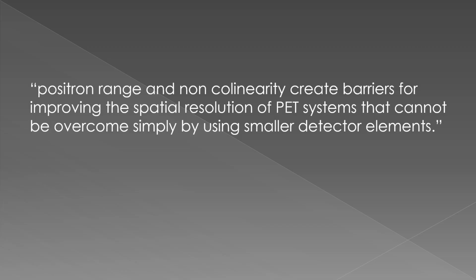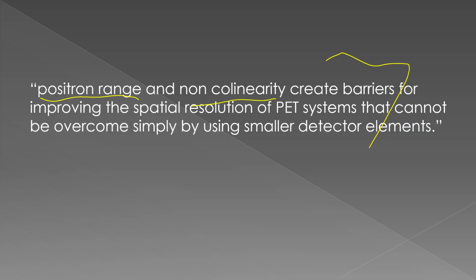And it's going to have limitations based on our technology. But there's physics that we have to overcome that's really difficult. The positron range and the non-collinearity. That's something that's always going to degrade the spatial resolution, and it's just physics.